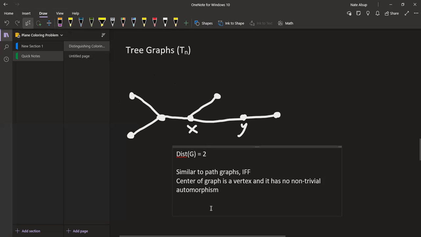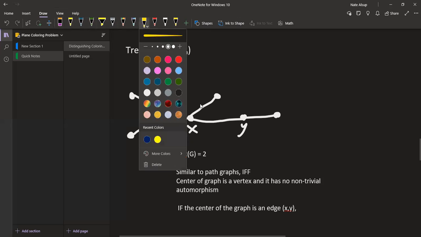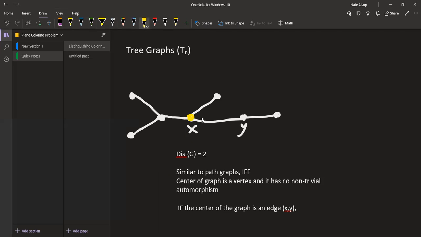So what happens if the center of the graph is an edge? Well, then x and y have to be different colors. So x has to be one color, and y has to be a different color from x.